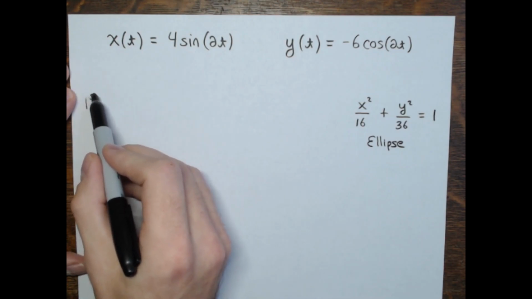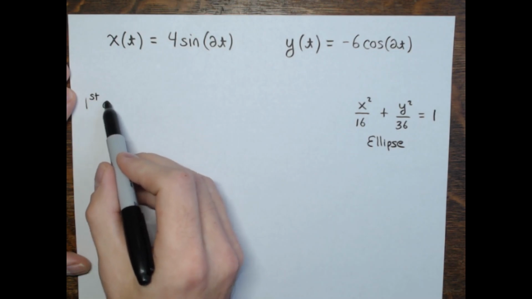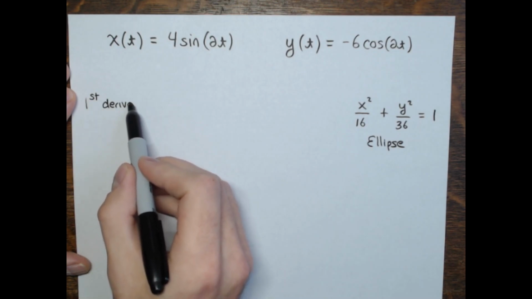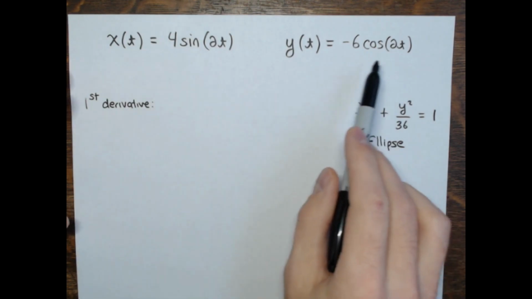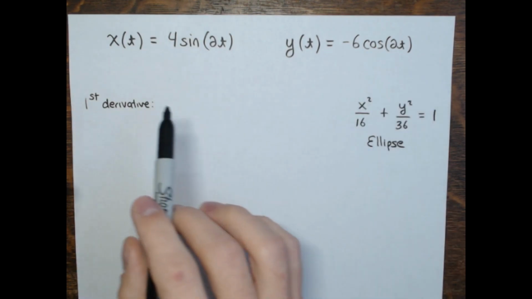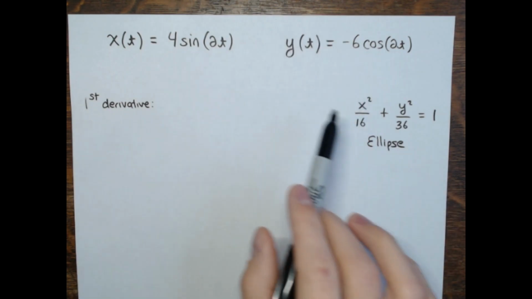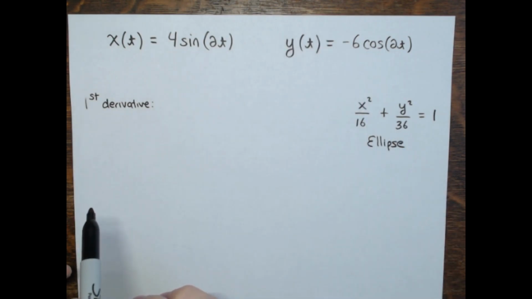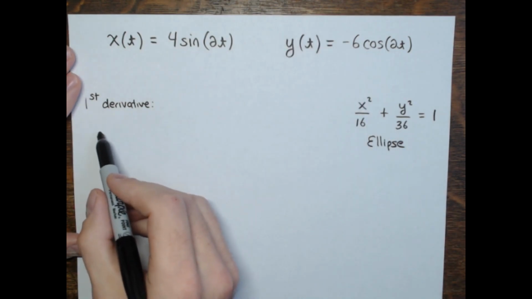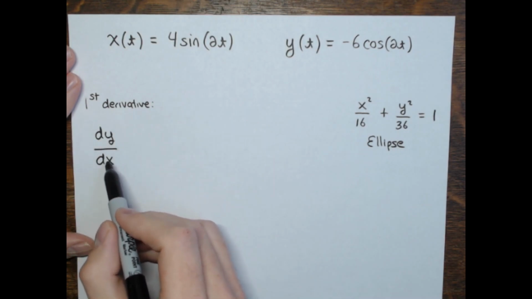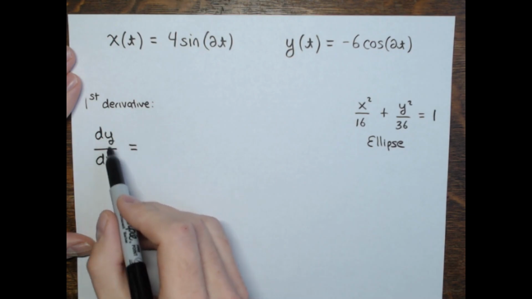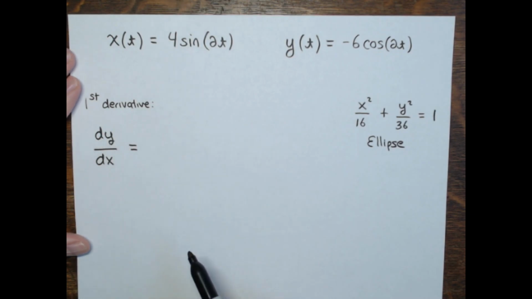Now, if I wanted the first derivative, the slope of the tangent line at any point, for any value of t. Remember, every value of t takes me to a different point on this curve. So again, that's dy over dx, the slope of the tangent line, change in y over change in x.